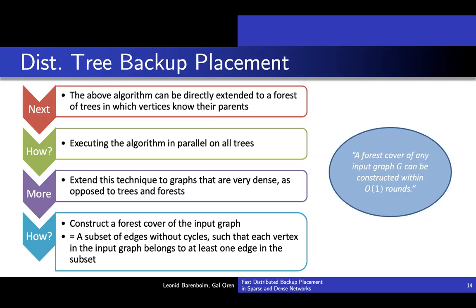To this end, we construct a forest cover of the input graph in O(1) rounds, meaning we obtain a subset of edges without cycles, such that each vertex in the input graph belongs to at least one edge in the subset. We do so by computing a forest cover of any input graph G, such that the trees of the forest are vertex disjoint. This can be done by extending the algorithm of Barenboim and Elkin for delta forest decomposition.